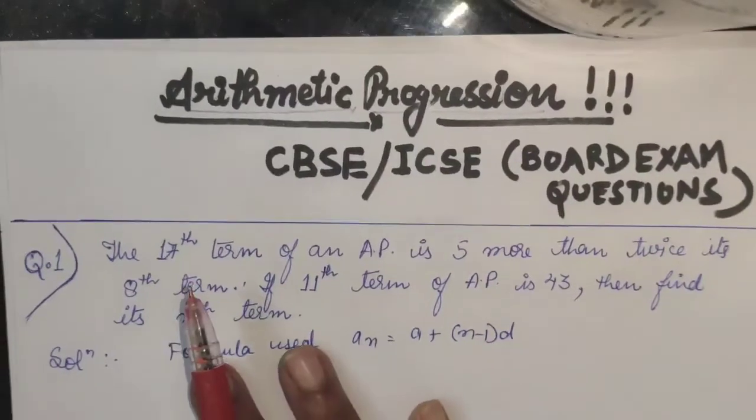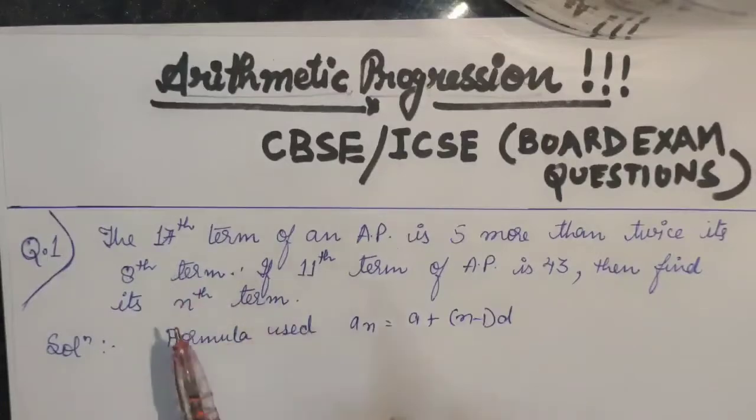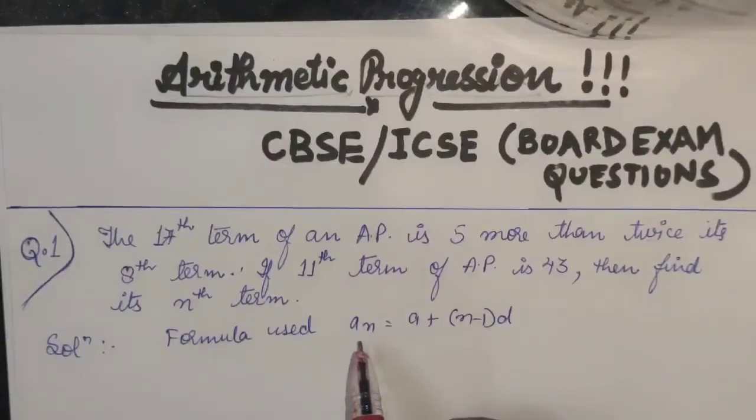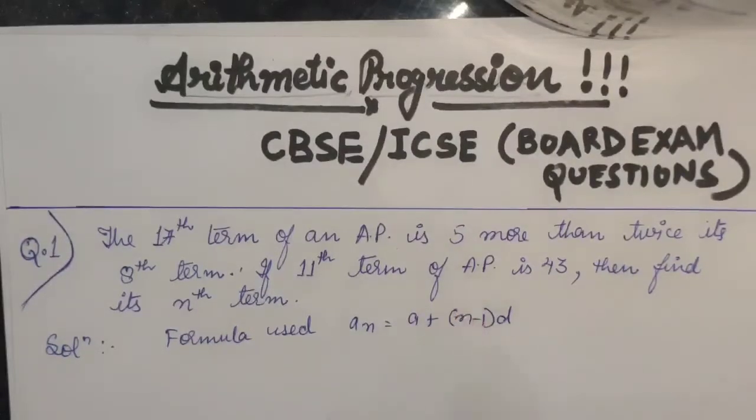So in the previous class I have already told that there will be an important formula which will be used all through arithmetic progression, and it is an, that is known as the nth term of the AP or arithmetic progression or any series that follows the arithmetic progression.